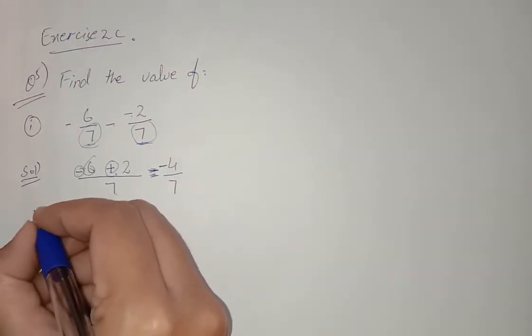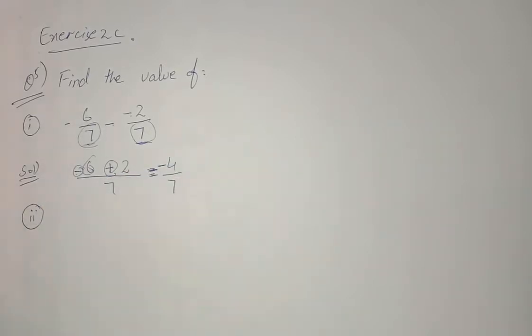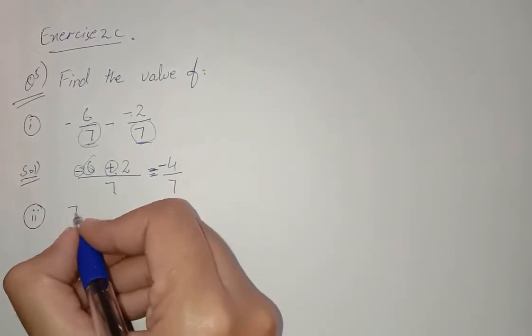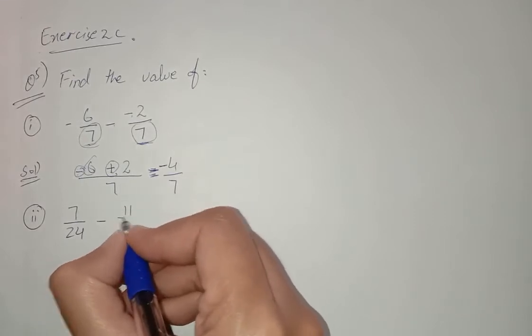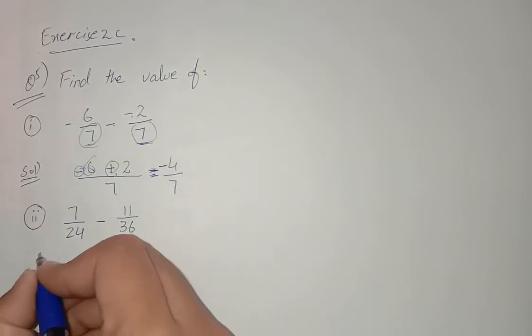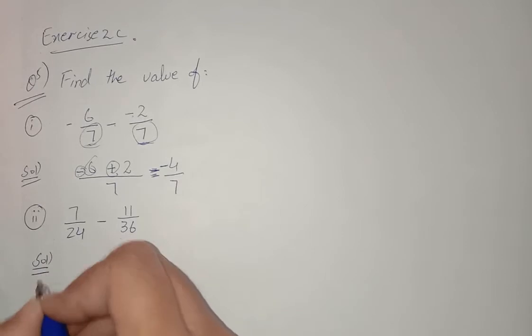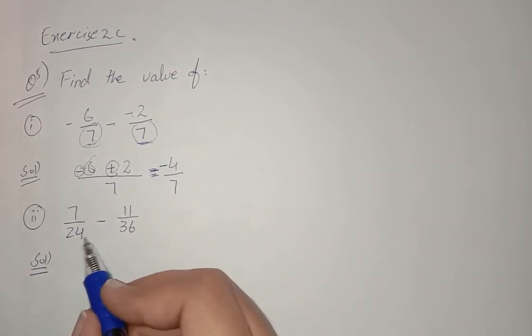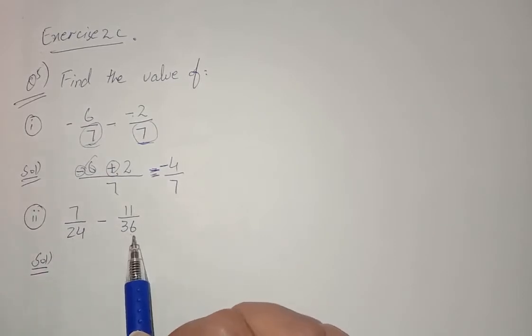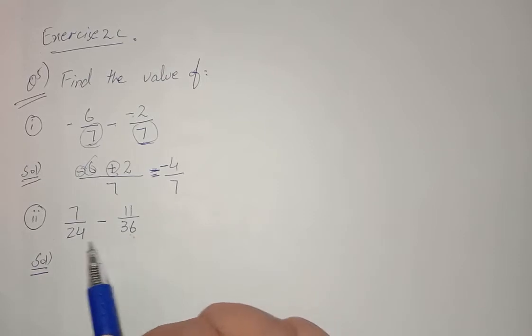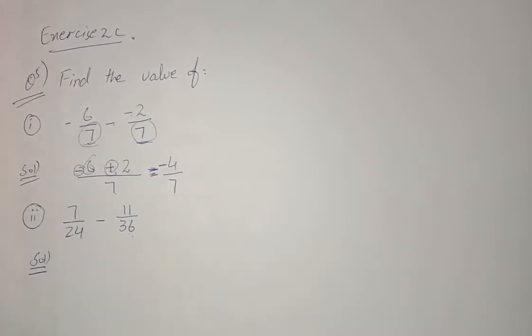Now let's do part number 2, which is 7 by 24 minus 11 by 36. As you can see, both denominators are different, so we have to first change the denominators and make them the same.